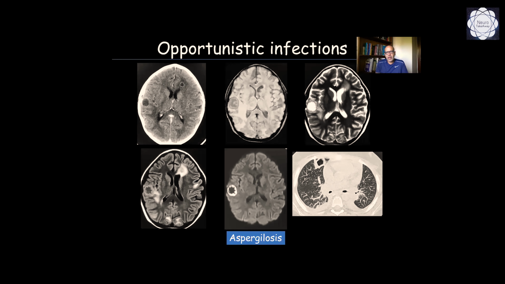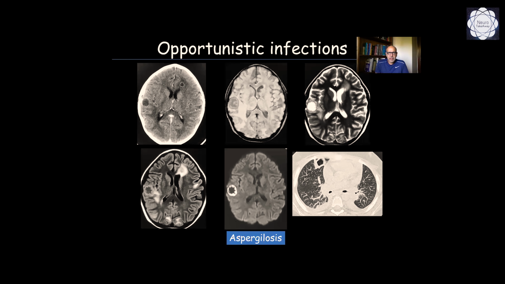Let's go to another complication, the opportunistic infection. Opportunistic infections, unfortunately, are not rare because these patients sometimes receive immunosuppressive drugs. One of the most common germs that we see is Aspergillus fumigatus.